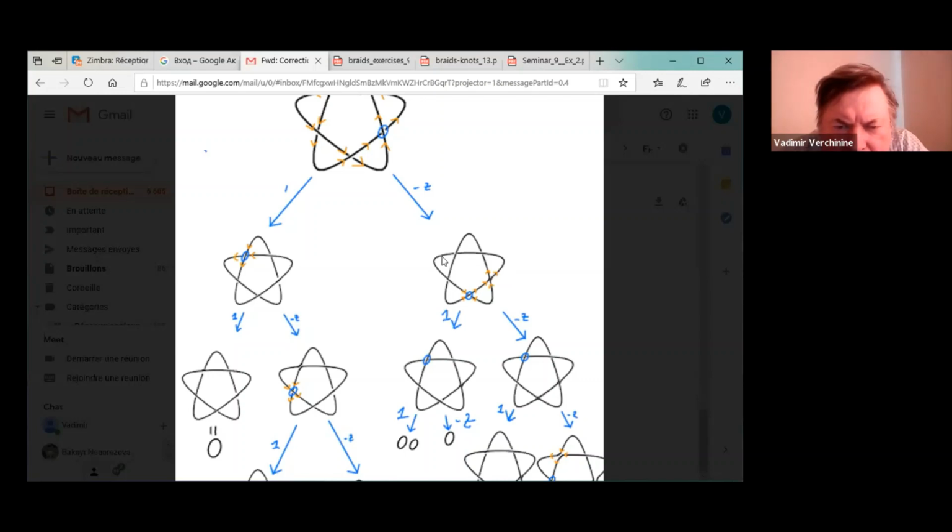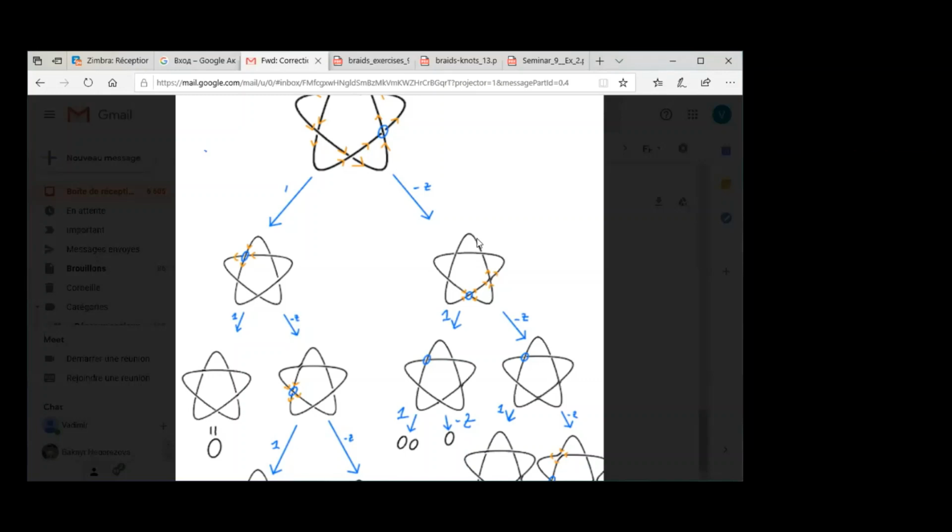So right here, this way, right? And this way, this way, this way. So we have a two-component link, right? Two-component link with crossing.